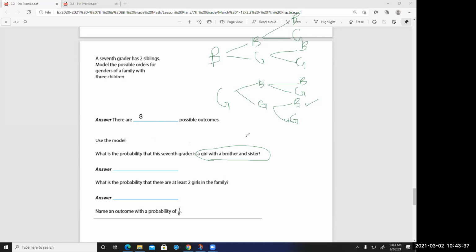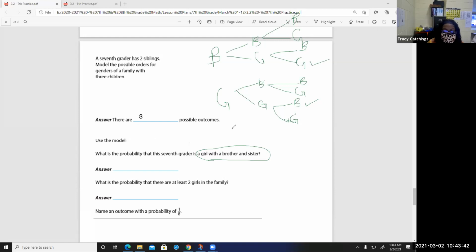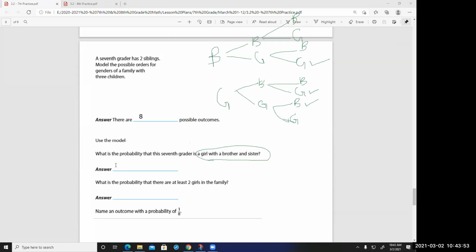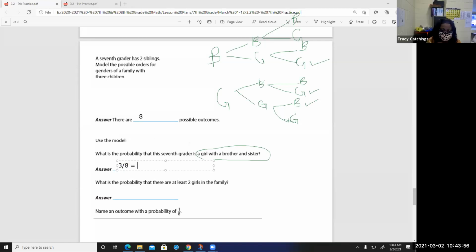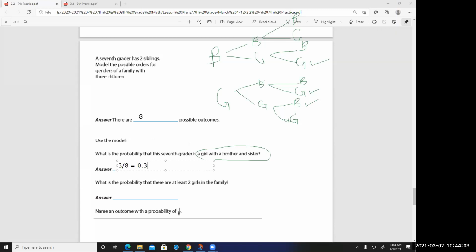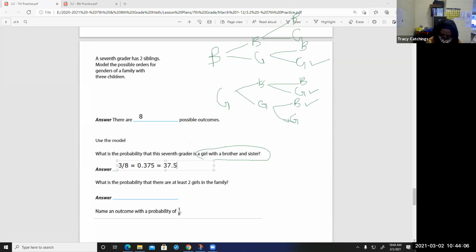GBB. BGG. I also could have GBG. All right, how many options would that be? 3 out of 8. Somebody divide it out. 37.5%. Good.